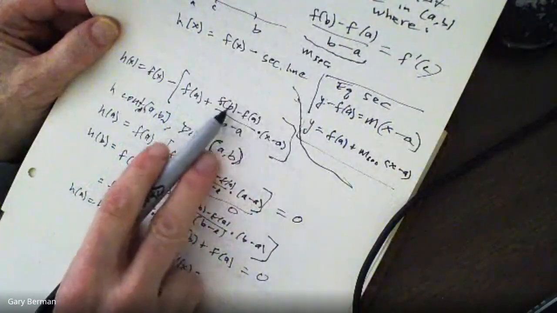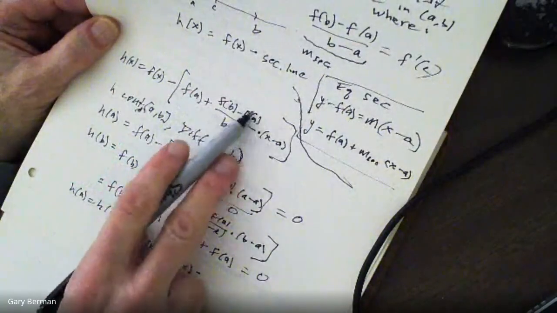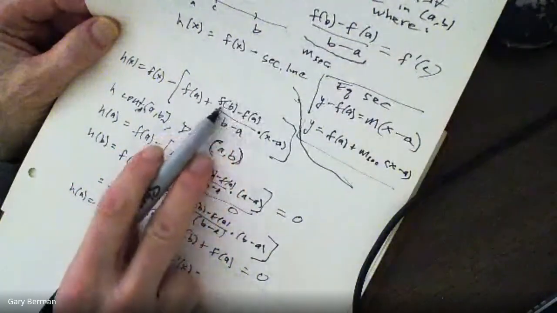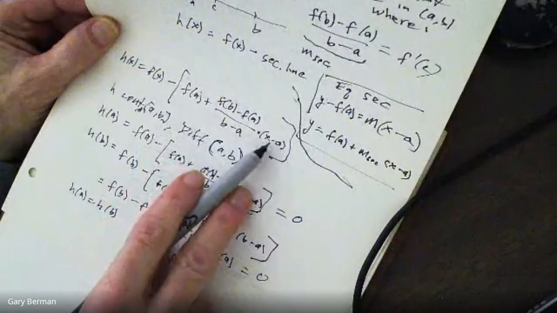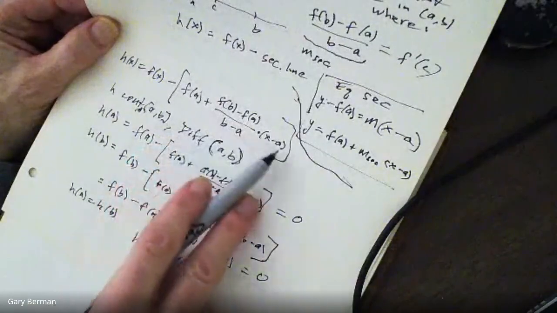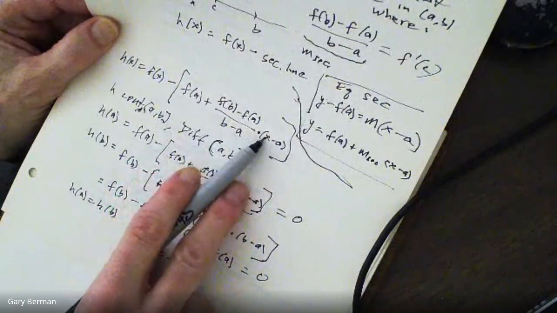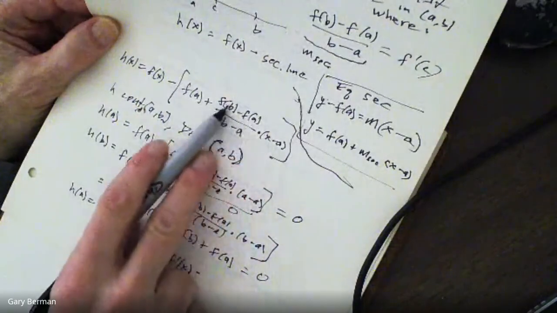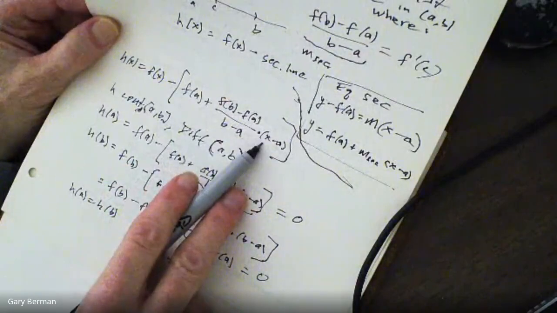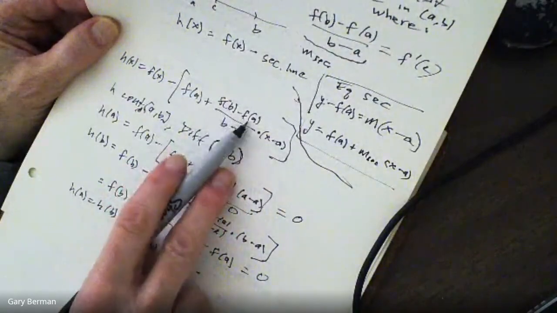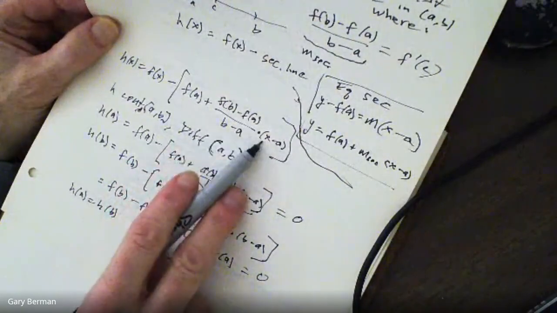When you differentiate, if you want to distribute this fraction over x minus this fraction times a, if this is multiplying x, then the derivative is simply the thing multiplying x. It's a constant number. (F of b minus f of a) over (b minus a) is a number times x.